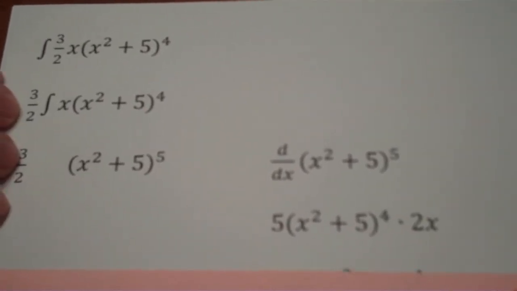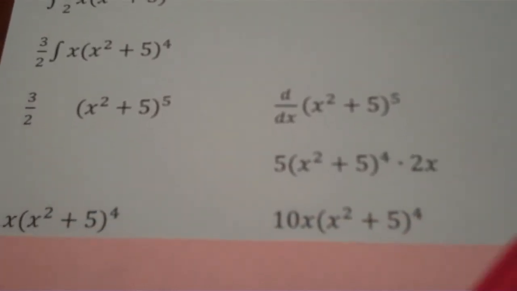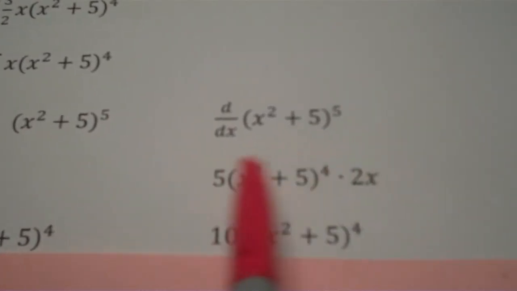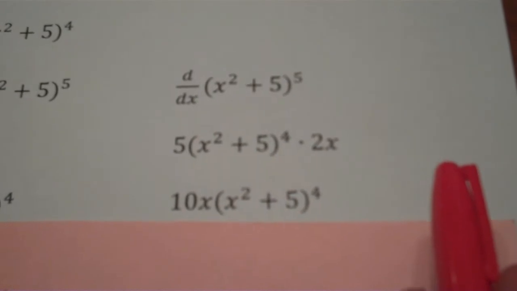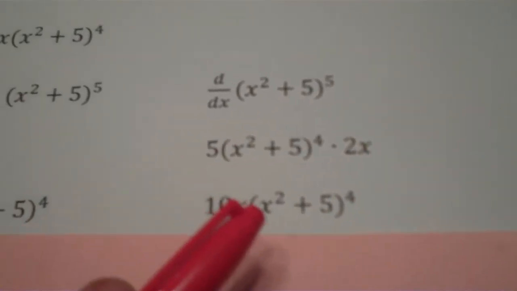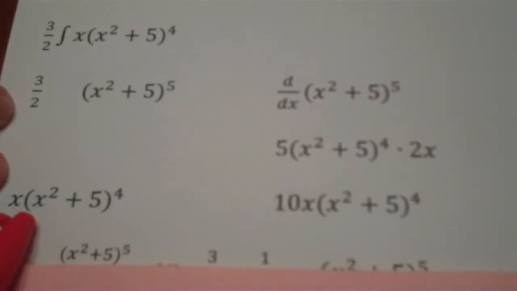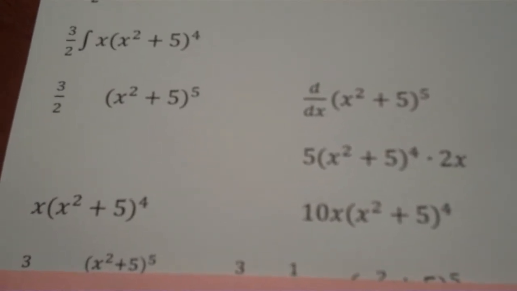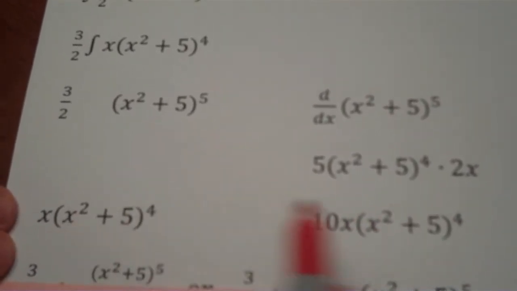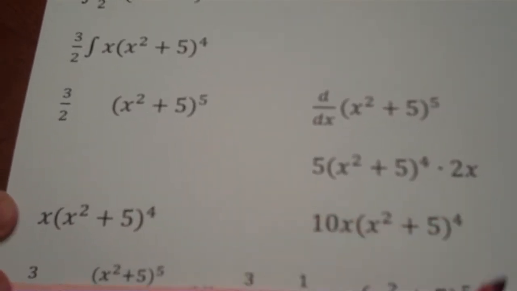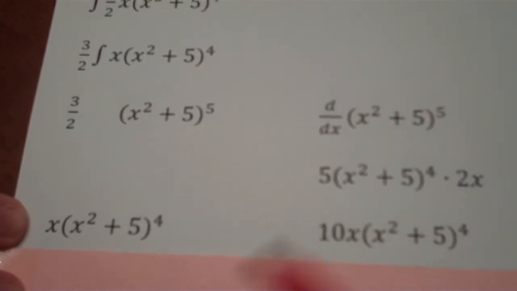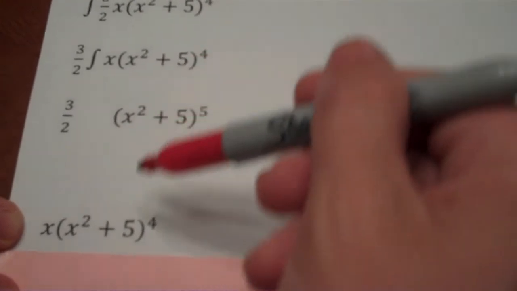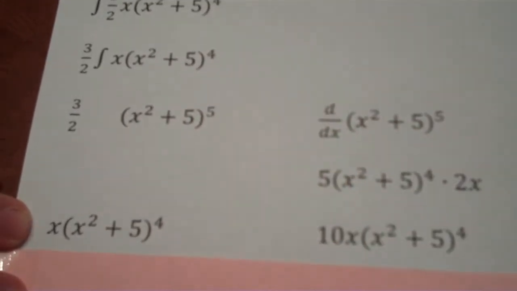If I simplify this a little bit, then what I get is 10x times this quantity to the fourth power. Now remember, in my ideal world, what this is going to equal is this guy right here. It didn't quite match up perfectly. The problem is I've got this 10 on the outside, and by the way, if you're not already aware of it, all I did was copy down the thing I was trying to integrate.